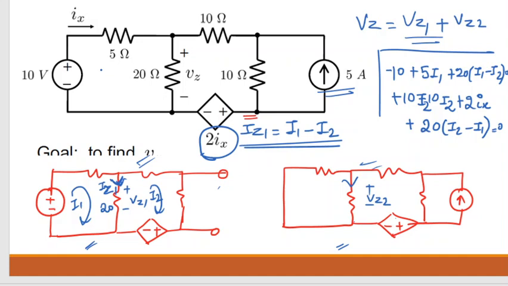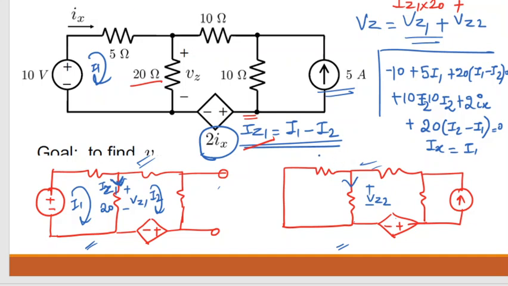And Ix is equal to I1. Yes or no? Can you solve these 3 equations? You will get the value for I1 and I2. You will get IZ1, multiplied it with 20 ohm, then you will get VZ1, right?